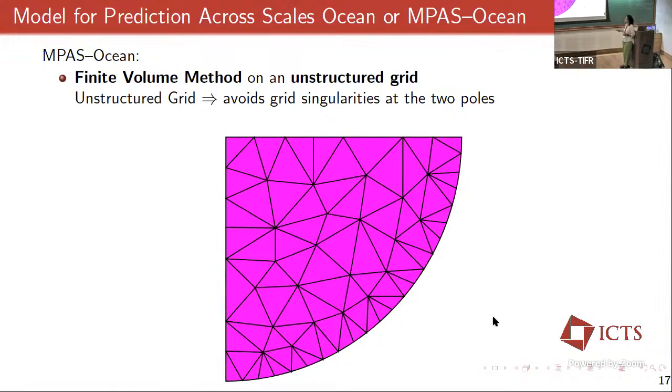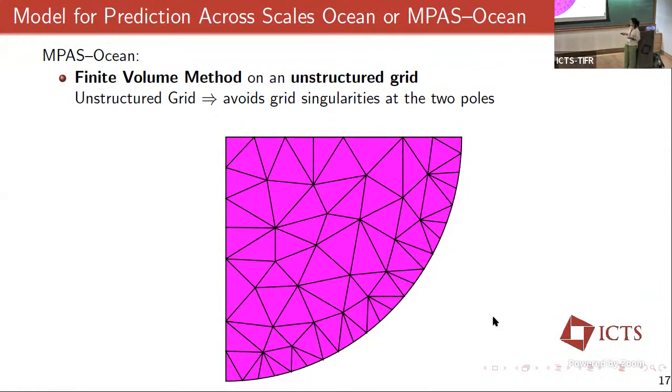With unstructured grids, you can discretize an irregular shape into triangles, tetrahedrons or many regular polygons.